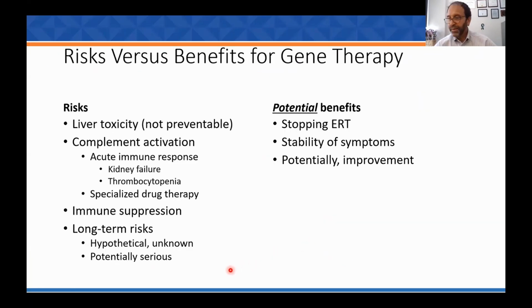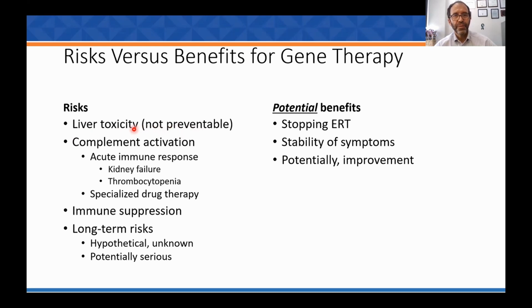But if we now think about risks versus benefits, what are they? So liver toxicity that I've mentioned, at higher doses of gene therapy, we know that it's not even preventable, that it can only be treated with immune suppression. And this is known from, say, SMA gene therapy.